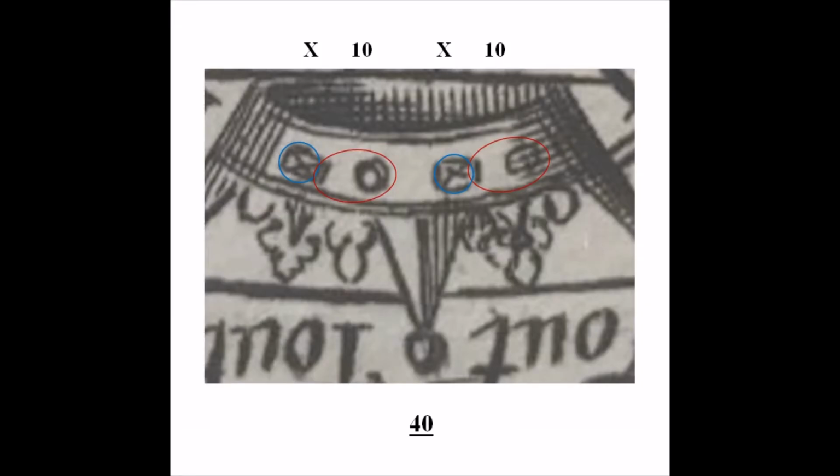Something else is that when the numbers are read right to left, or if we turn the image upside down, the numbers are scored in such a way that they also read X10, X10. X is 10 in Roman numerals, so X10, X10 adds up to 40, the number we associate with Edward de Vere. 40 sounds like 4T, and 4 T's equal Oxford.